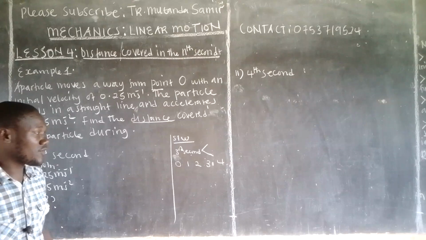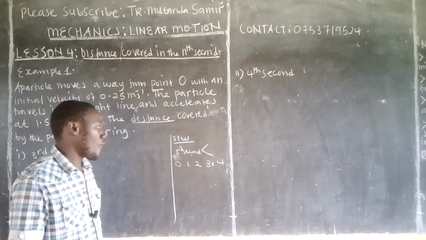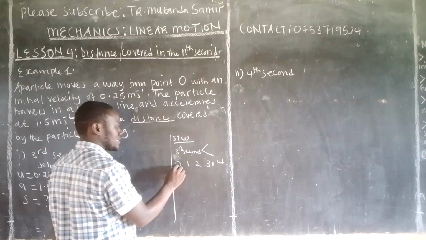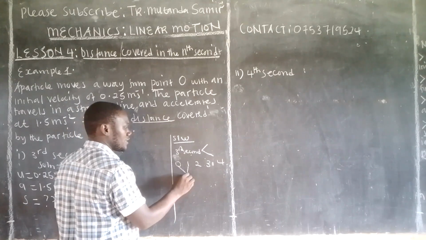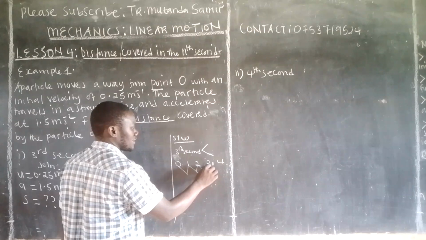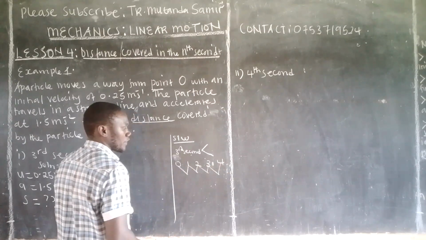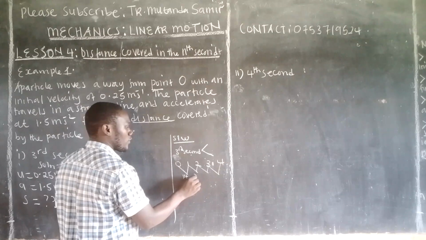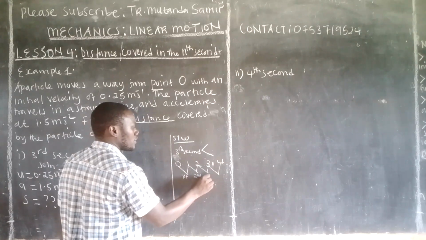Let me use this logic first of all. If you look at this and this, these are positions. Then if you look at this and this, this and that, this and that. This one here we call first, this one here we call second, this one here we call third.